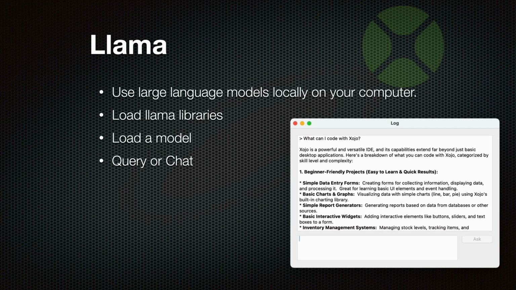It's very helpful if you need to process something locally, like to summarize a text or to analyze a text to see what are the main points, or ask the LLM whatever you like. For macOS, Windows, and Linux. And it's good for translation, of course. So you can use it in Xojo locally on your machine.